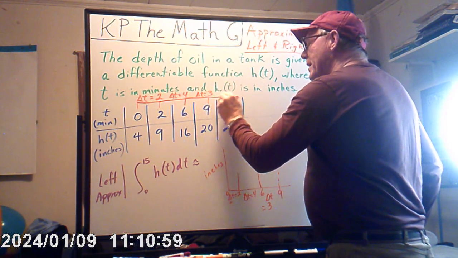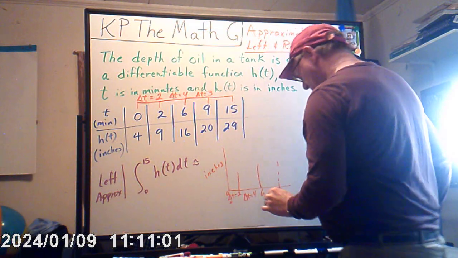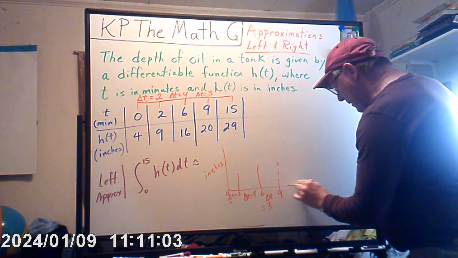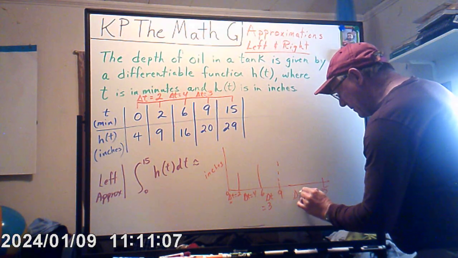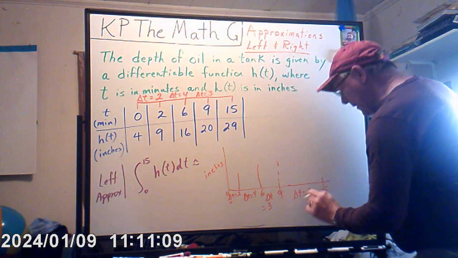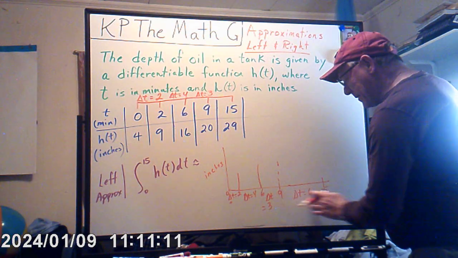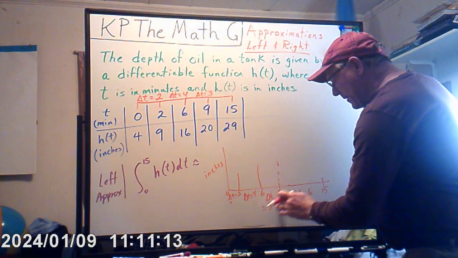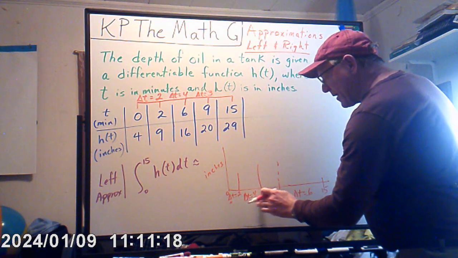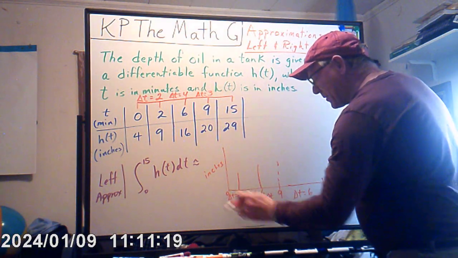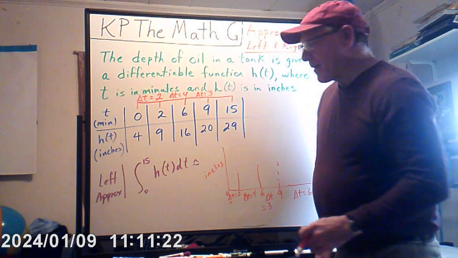And then from 9 to 15, way over here, delta t is equal to 6, because 6 plus 9 is 15. 3 plus 6 is 9. 6 plus 3 is 9. 2 plus 4 is 6. 0 plus 2 is 2. Okay?